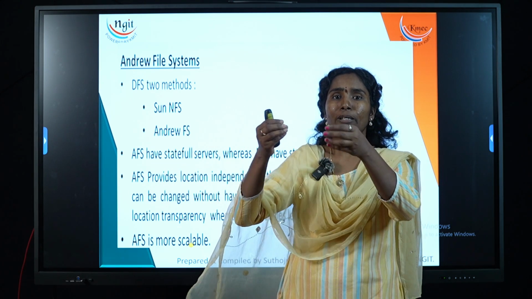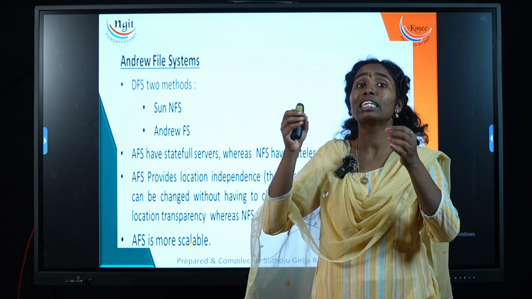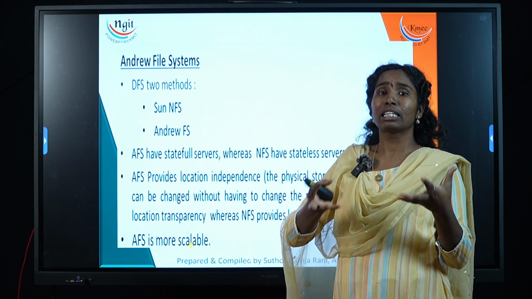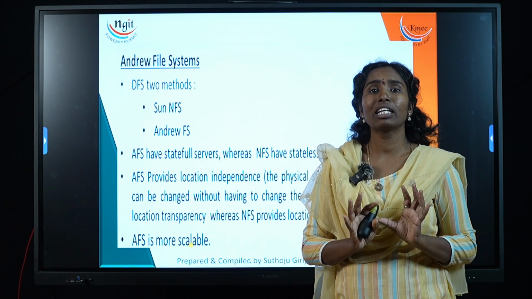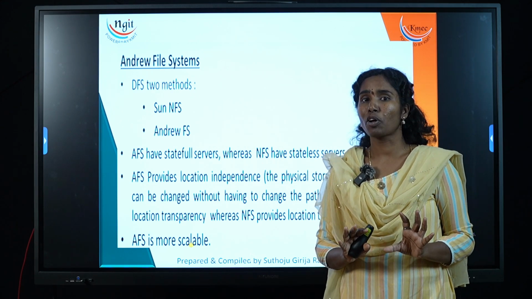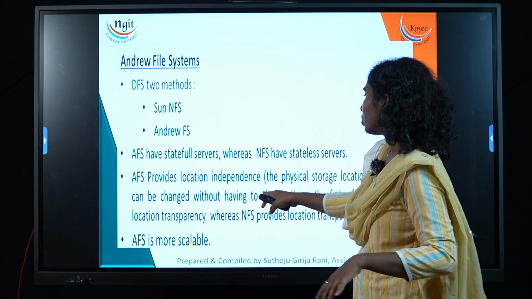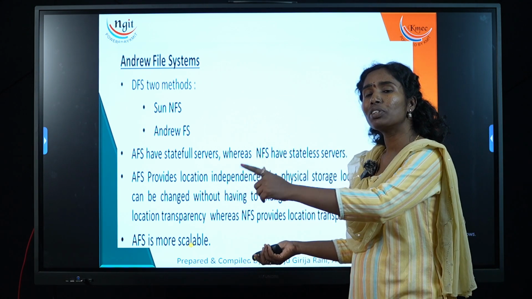So I will go to that particular location and I will take the data, right? So we say location dependent. Here it is location independence because my server itself will always be available to open my file then and there in the server environment. So my client will come and check and go. Okay, so this is the only difference between the NFS and the AFS.